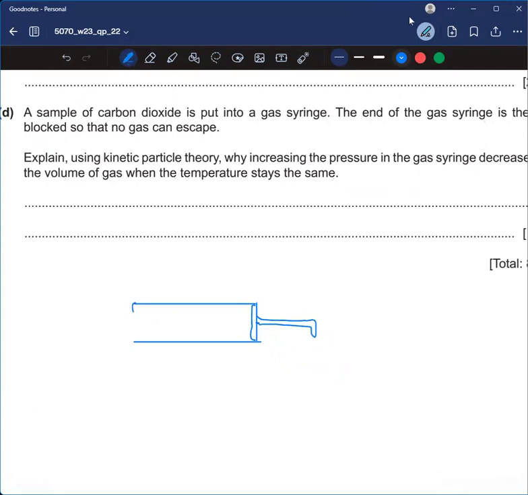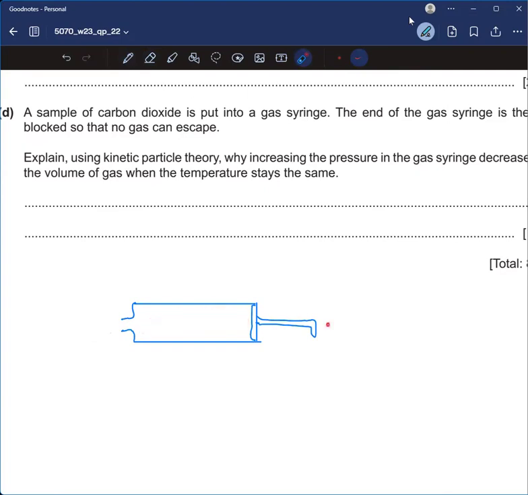And from here, let's suppose this is the open end from where CO2 is entering. So let's suppose that it is filled with CO2, right? The question is telling us that. So let's suppose that here we have CO2 all over here, okay?